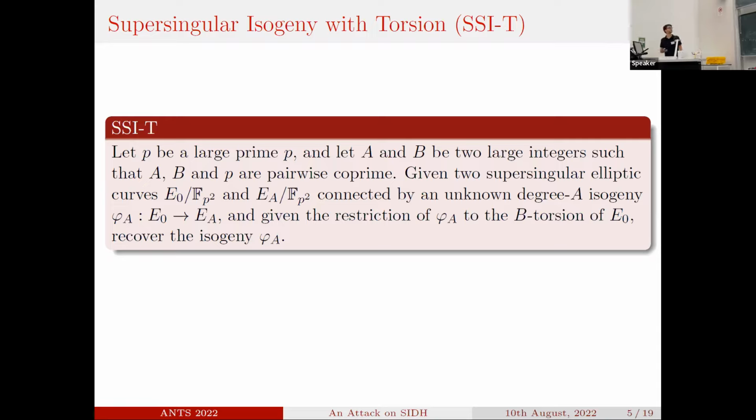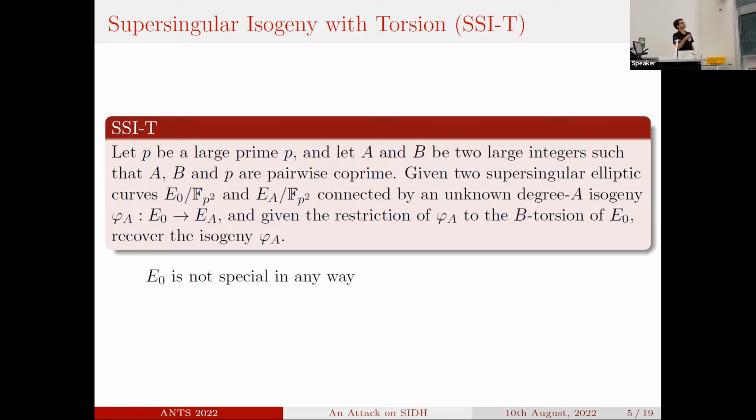We are also given two supersingular elliptic curves, E0 and EA, defined over F_{p^2}, and we know that those curves are connected by a degree A isogeny phi_A. We are also given the restriction of phi_A to the B-torsion group of E0. Having all this information, we want to recover the secret isogeny phi_A.